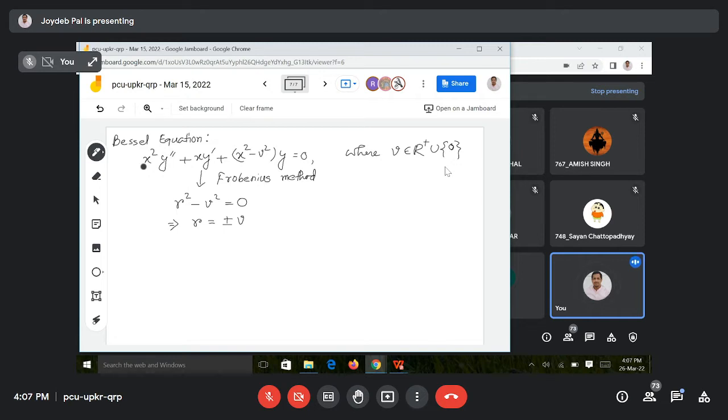Now I have shown one solution for R equal to plus nu. So R is equal to plus nu, and we denote the solution as y1(x), right? So we will get a solution for R equal to nu. I'm not writing exactly what y1 is. It will be a series of the form x to the power nu times even degree terms only.